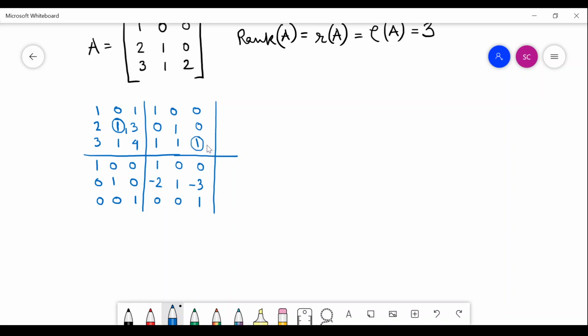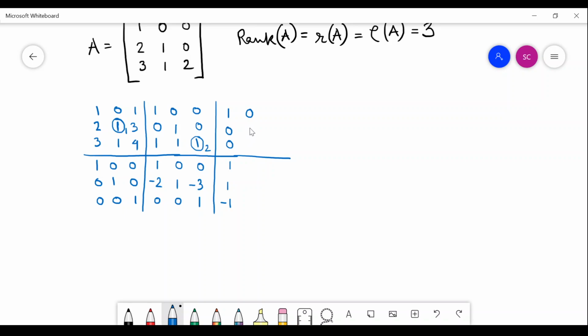Choose this, then 1 0 0 and 1 1 minus 1. I hope I am doing correctly.